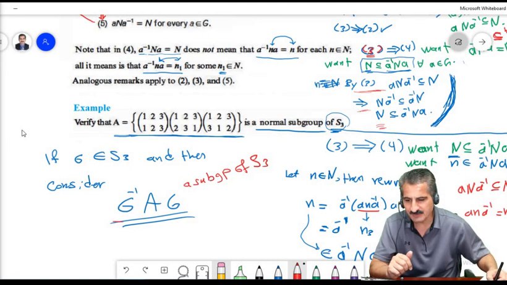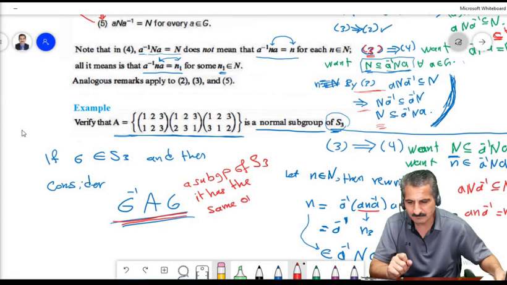So this is also a subgroup, and it has the same order as A. Good.